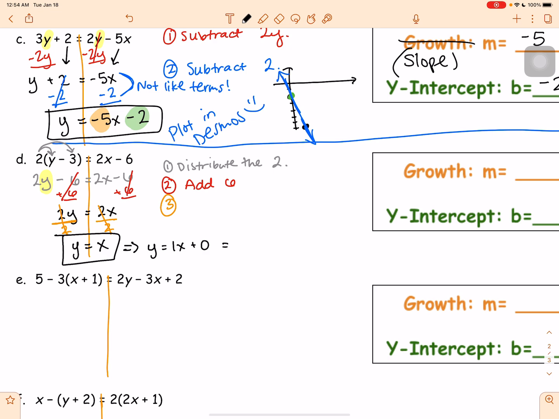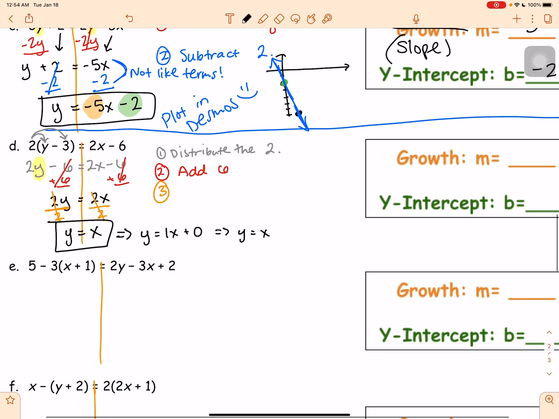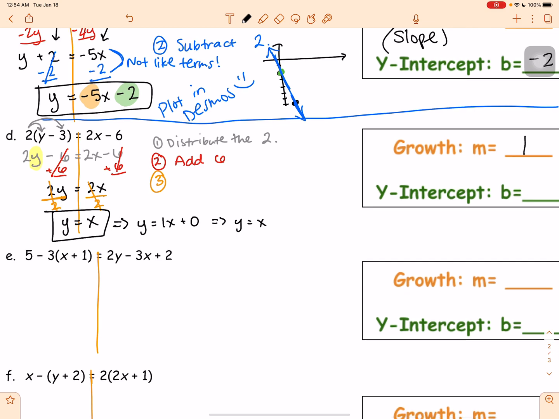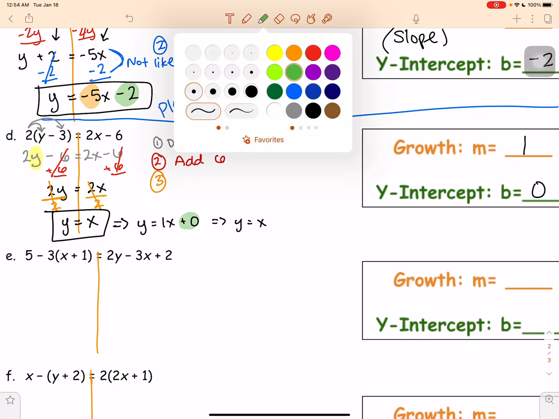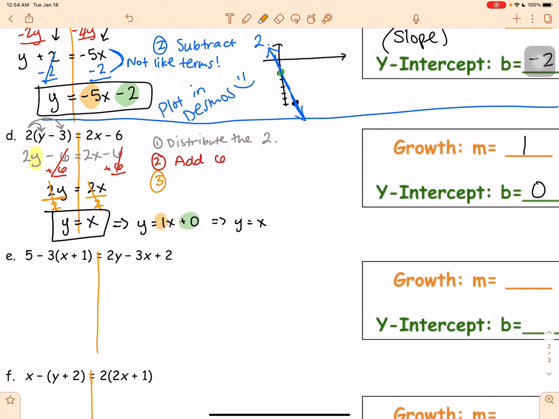You would simplify that to be y equals x. So that means that my growth is just 1, right? The number in front of x here is just 1x. And my y-intercept is just 0. Okay? And I got that because this is equivalent to the equation we got. Whoops, I forgot to write down my step here, divide by 2.